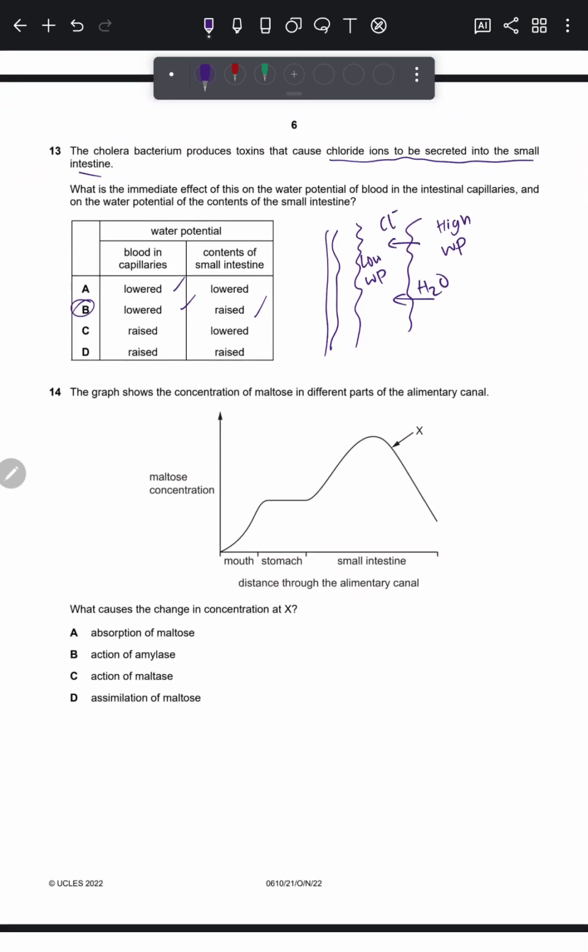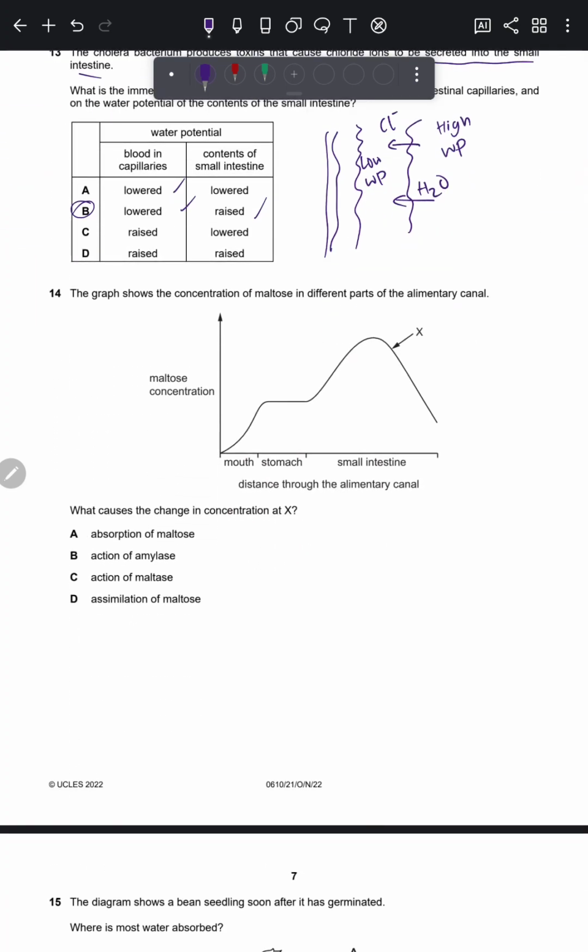Okay. Graph shows concentration of maltose in different parts of the alimentary canal. What causes the change in concentration in X? So in the small intestine, this is maltose concentration. And maltose changes into glucose in the walls of the small intestine. And so we see maltose is decreasing.